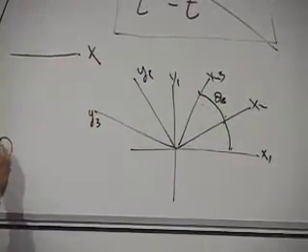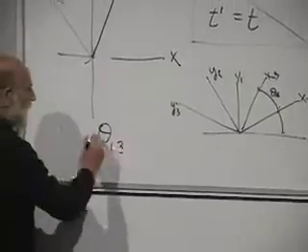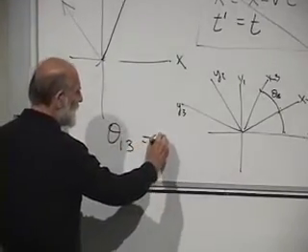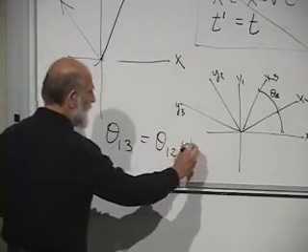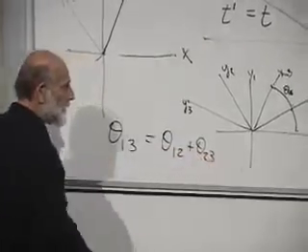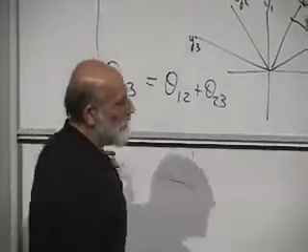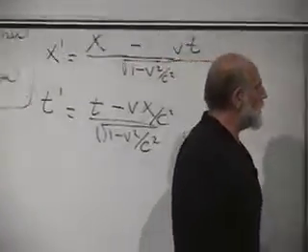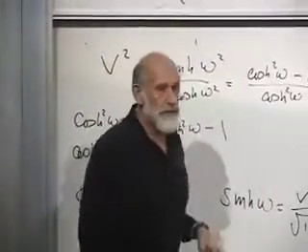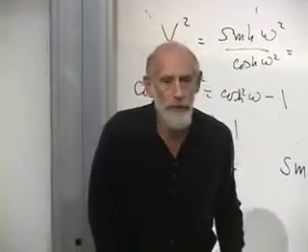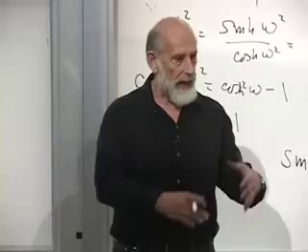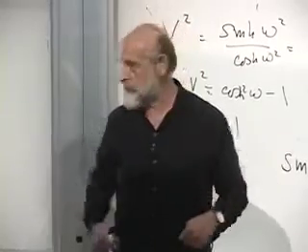The angle connecting frame 1 with frame 3 is just the sum of the angle theta 1,2 plus theta 2,3. So in that respect, the Lorentz transformations are much simpler in terms of the omegas. It's the omegas which combine together to add when you add velocities.